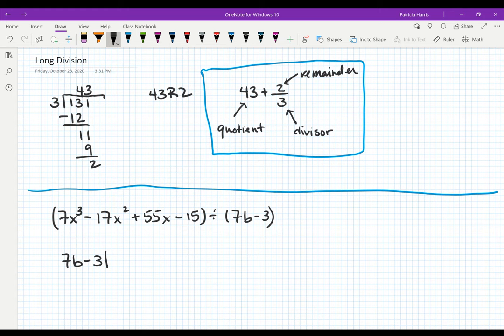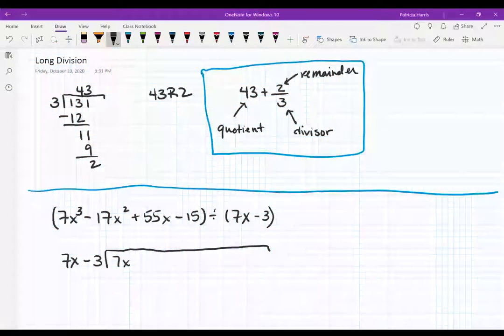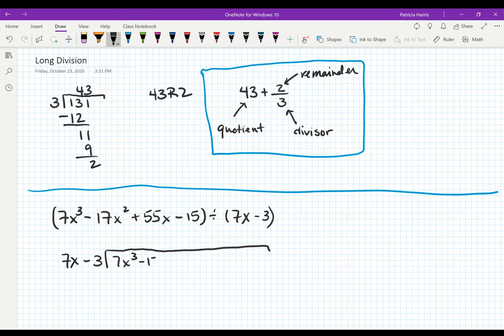And on the inside, oops, that should be an x, not a b. Sorry about that. 7x cubed minus 17x squared plus 55x minus 15.